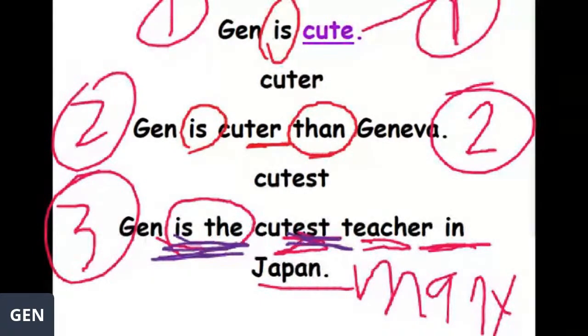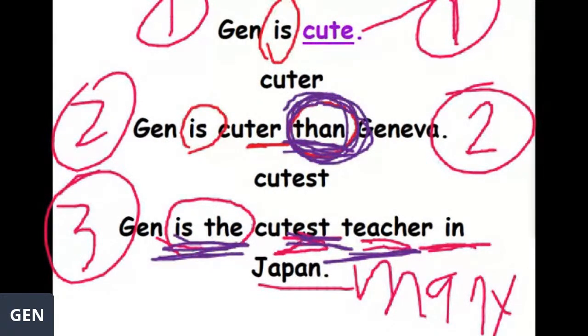So don't forget is the. And then teacher, that is who, for example, teacher, student, boy, girl, man, doctor, like that. And for the second one, this is your hint: than. Okay, and then is. And then cuter, and finish.